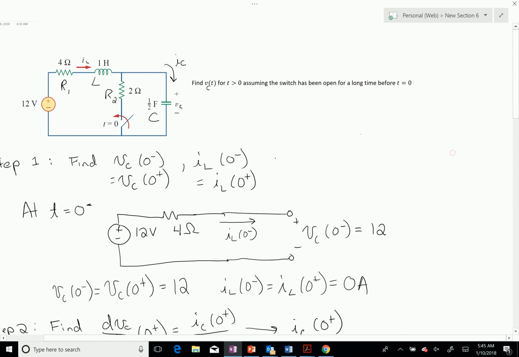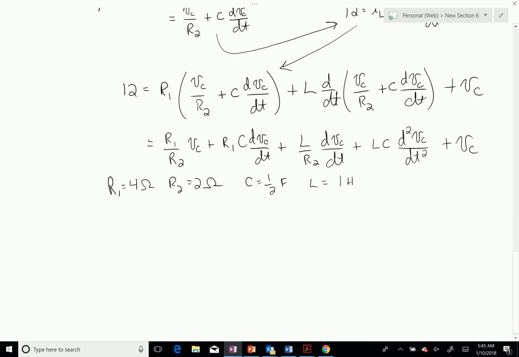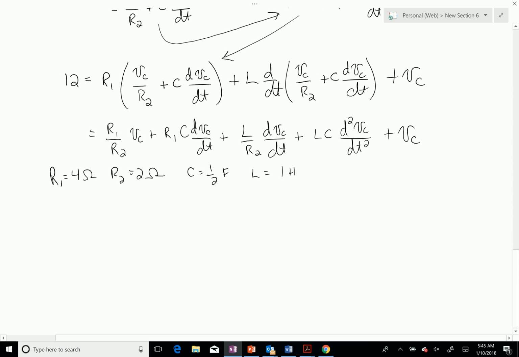Plugging in all those numbers, I end up with 24 equal to d squared vc dt squared plus 5 dvc dt plus 6 vc.